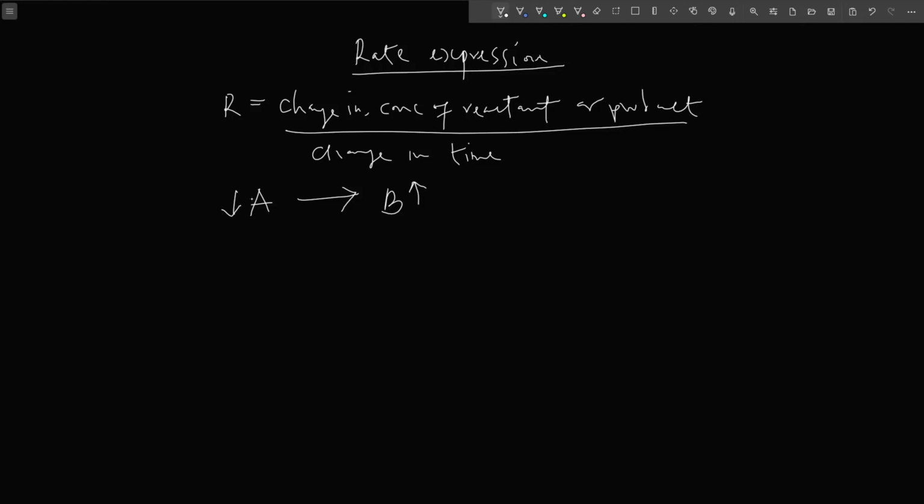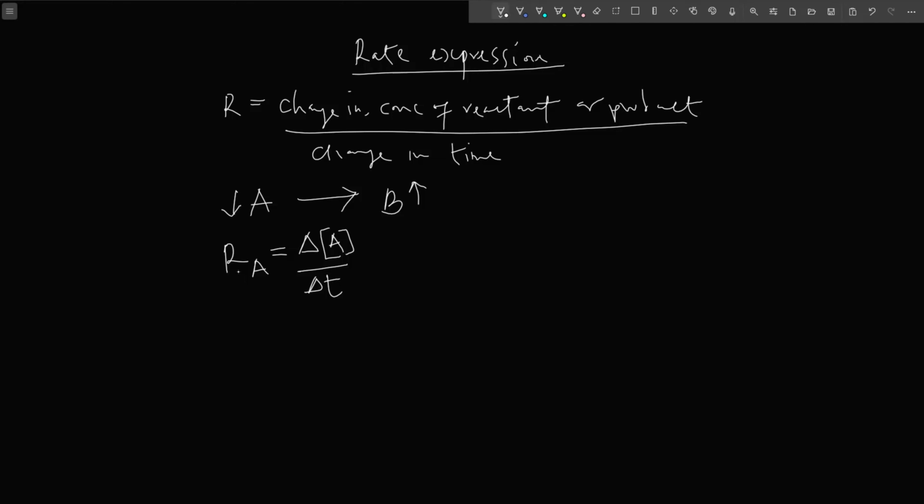Since the concentration of A decreases, we can write the rate of disappearance of A. So the rate at which A is disappearing will be equals to R. Let's just write it as rate of A equals to change in concentration of A. Now this square braces means concentration over change in time.